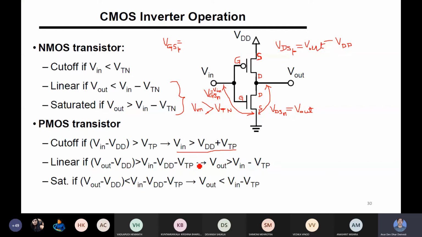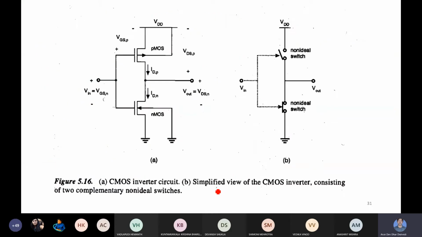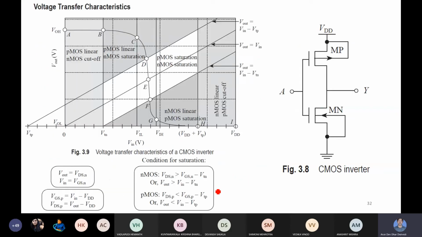Or we can say V out should be greater than V in minus VTP. Similarly, if you are going into saturation, the opposite of this condition should be applied at the drain voltage. So we will see more details here.